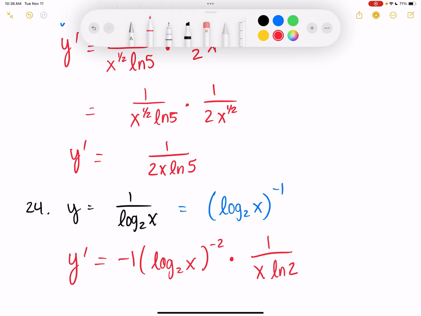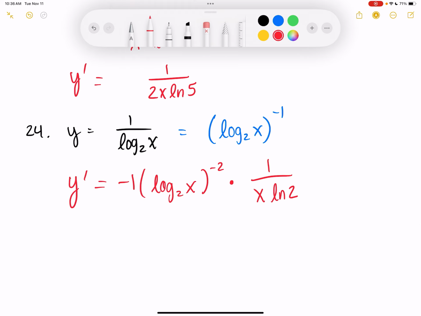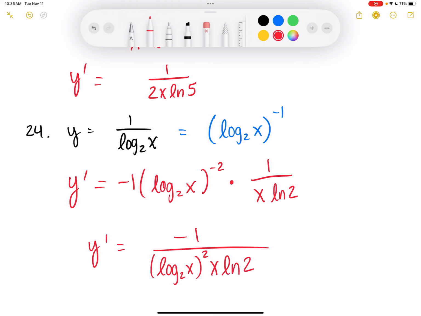And then I just need to simplify it. So this log base 2 of x is going to move to the bottom. So I end up with -1 on top over, it doesn't really matter, but log base 2 of x all squared times x ln of 2. So again, not necessarily the prettiest, but not overly complicated.